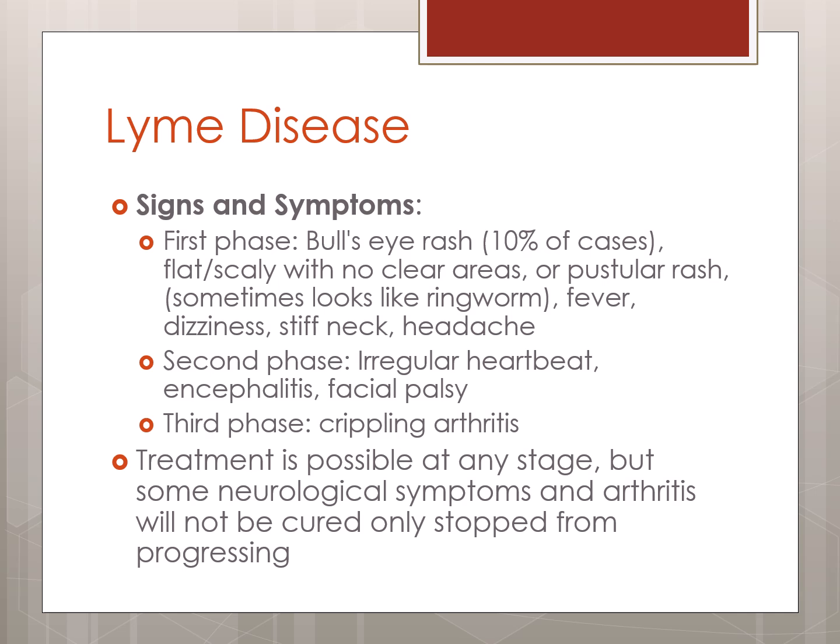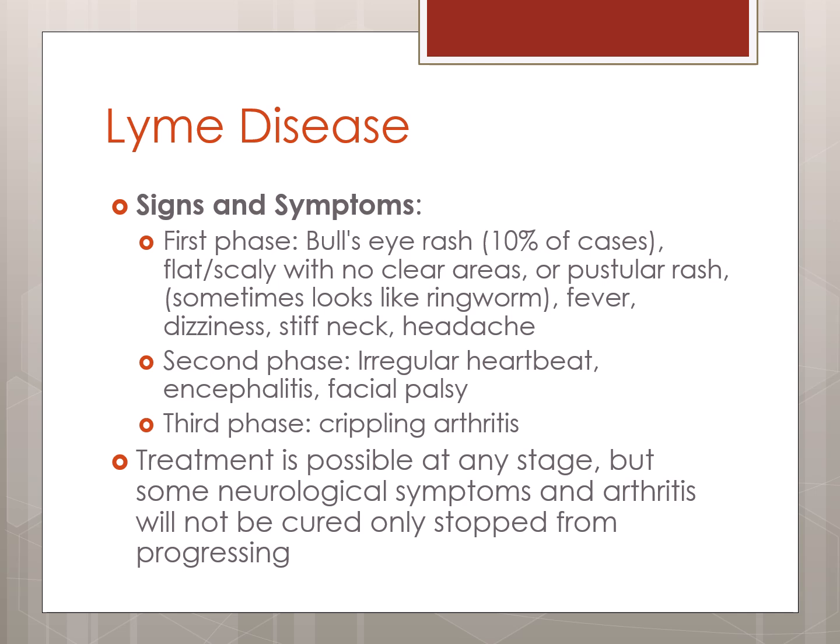Usually people move into that second phase with irregular heartbeat, encephalitis, maybe facial palsy, which, depending on where the microbe lands, could cause different symptoms. And then once you're into that third phase, you get arthritis, which seems kind of rude for a disease in particular, but hey, there it is.